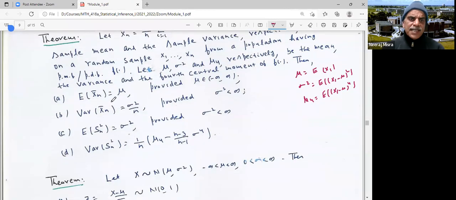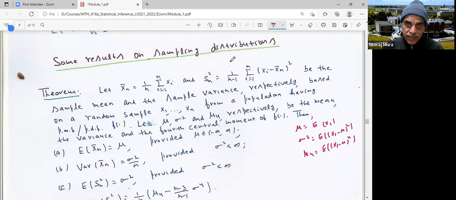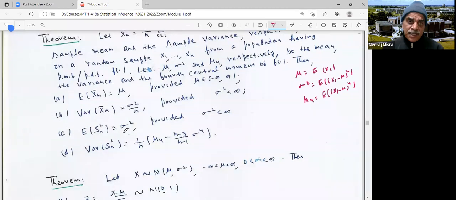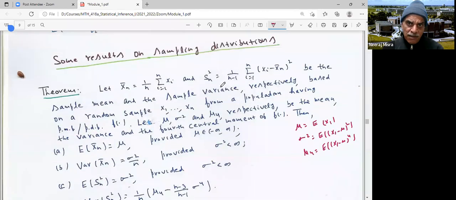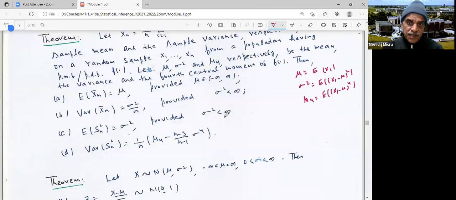Now, if you have a random sample, then expected value of x bar n would be mu. Variance of x bar n would be sigma square by n. Expected value of Sn square is sigma square; note that here I have a 1 upon n minus 1 multiplier, which is needed to get this, provided sigma square is less than infinity.